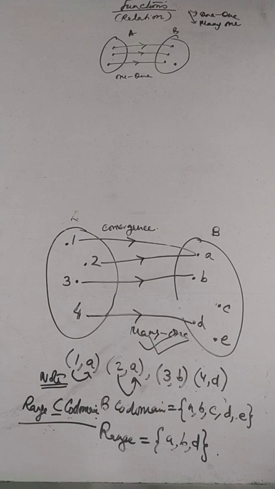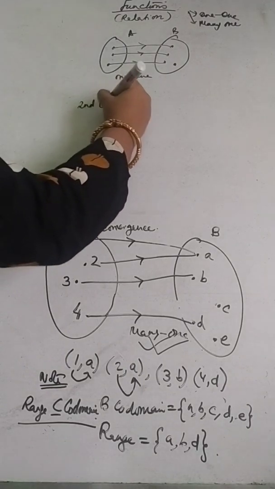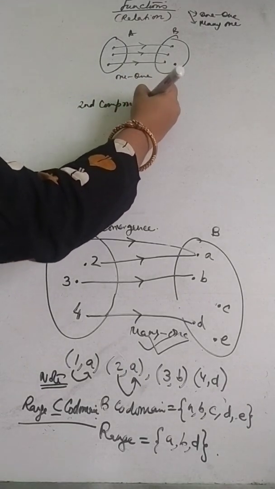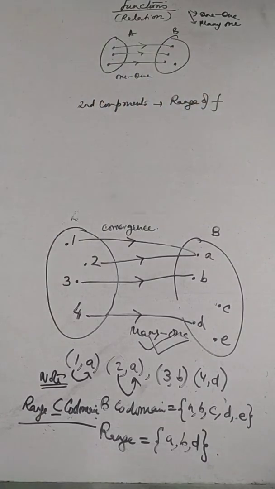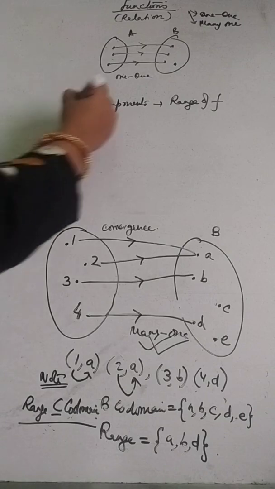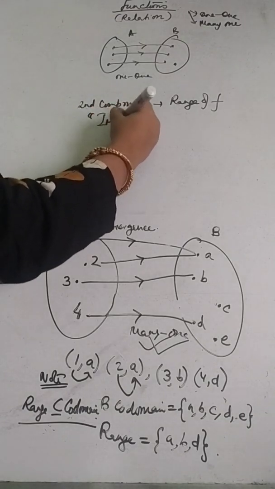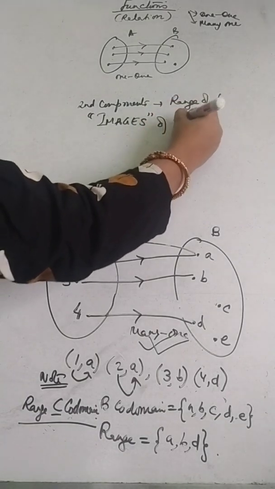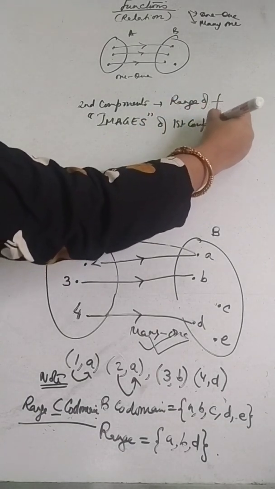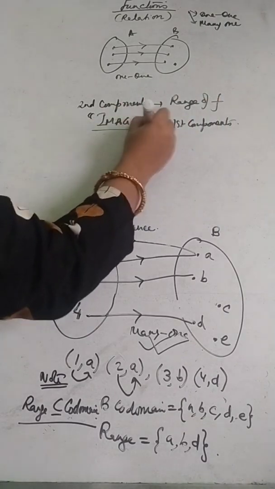Now basically what you have to do over here in this chapter is finding the domain, range, codomain and all that. And be familiar with the terms, that is the second components, or you can say the range of the function f. They are said to be images of the first components. Be familiar with this term.